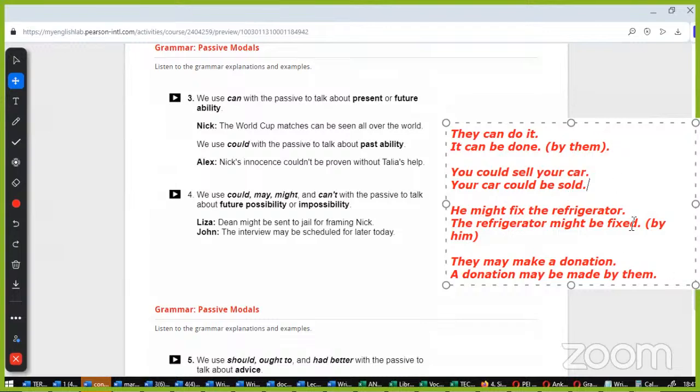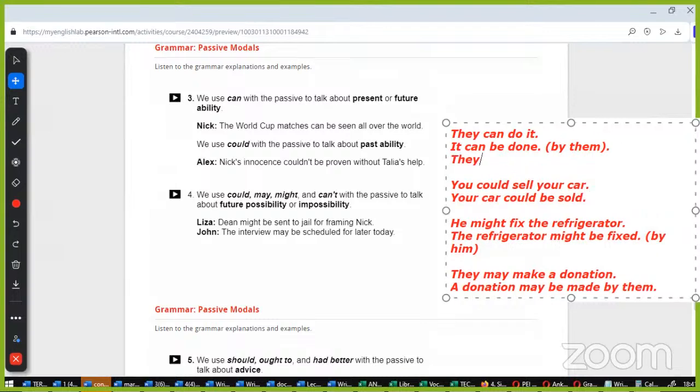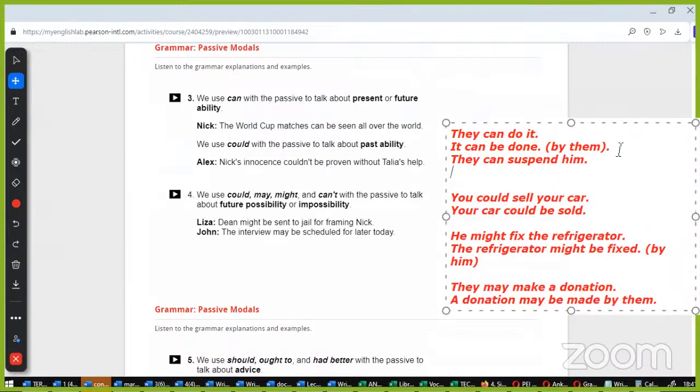Let's do another one. They can suspend it. How would you do this? They can suspend it. Passive voice. Yes. Okay.